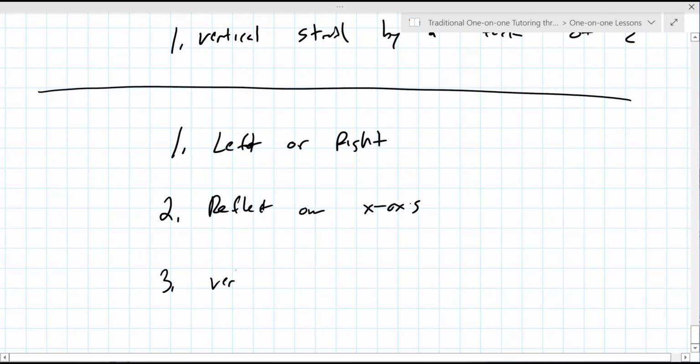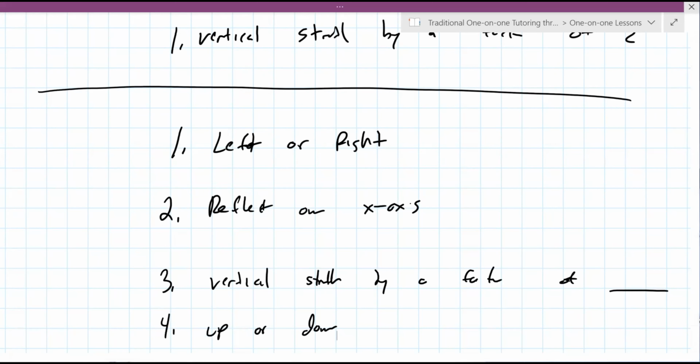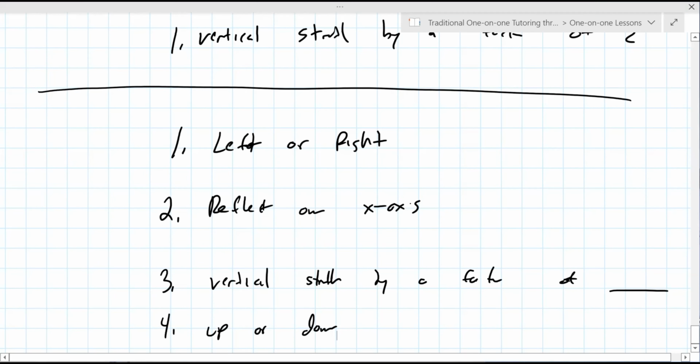And then the third is a vertical stretch by a factor of, and then the last one is whether it's going up or down. Okay, so keep this in mind for the next problem here.